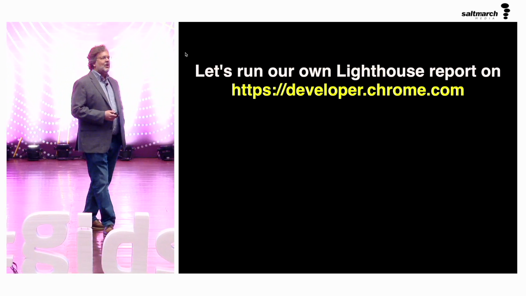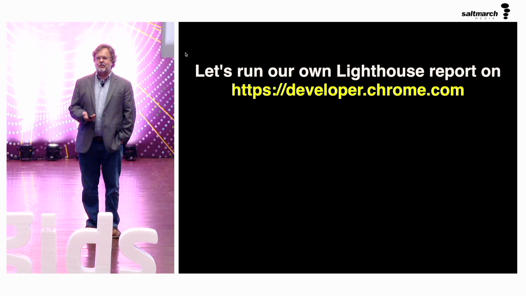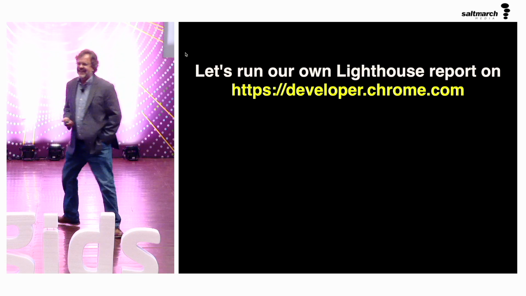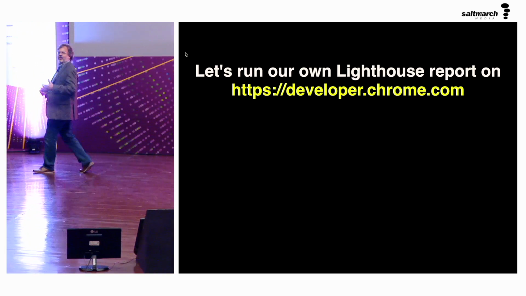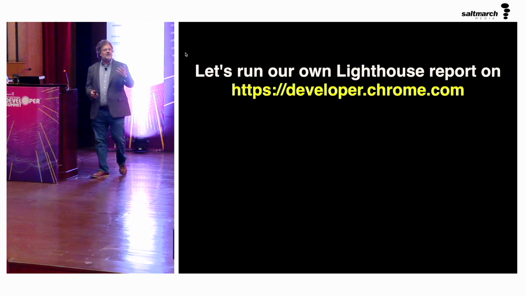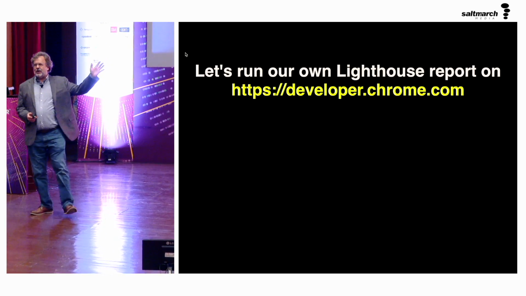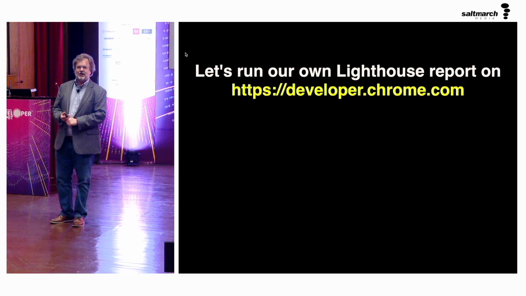Well, perhaps we could run a Lighthouse report on developer.chrome.com as well. Should we do that? Yes? All right. Do you hear the foreshadowing in my voice? Do you expect this website to get a perfect score of hundreds across the top? Perhaps I've said too much already.